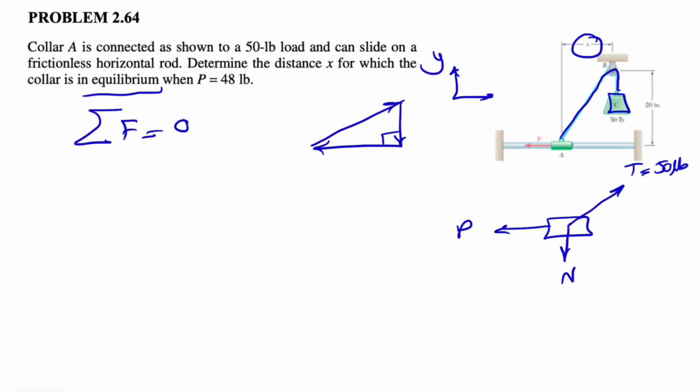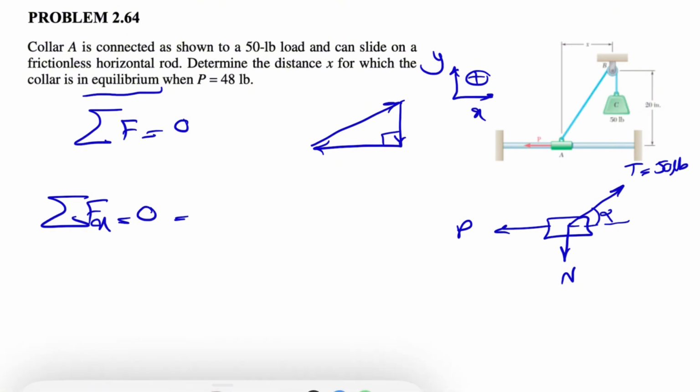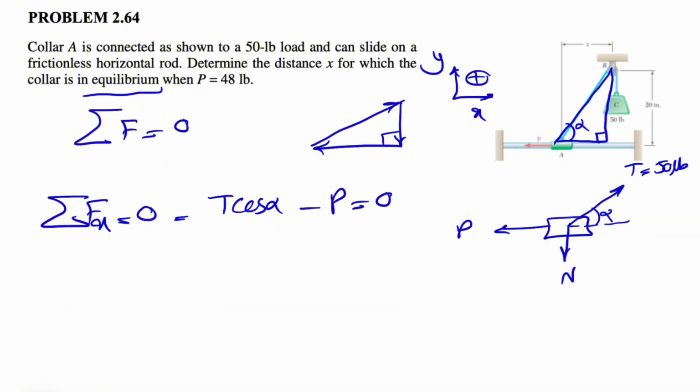If you consider our x and y in this direction, we're going to go with the sum of all forces in x direction. If we call this angle alpha, which is this angle in here, take a look at this right triangle. So we have T cosine of alpha, and since it's to the right, it's positive, minus P equals 0.